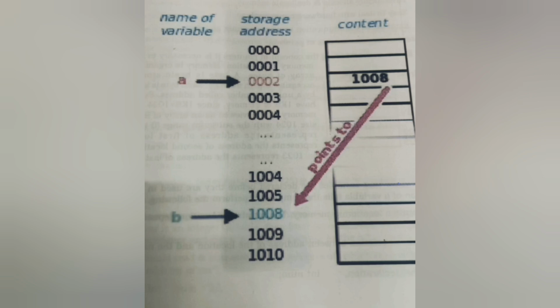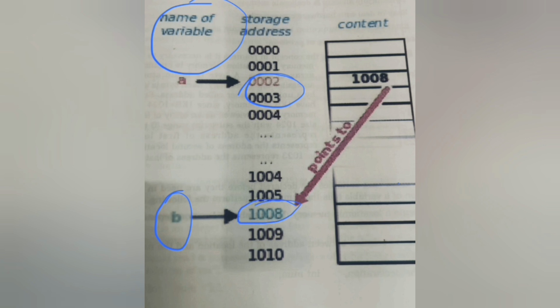In pointers, the main thing is memory representation. Here the very important concept is memory representation. You can see the names of variables. Two variables are shown, a and b. Variable a is stored at address 002 and variable b is stored at address 1008.